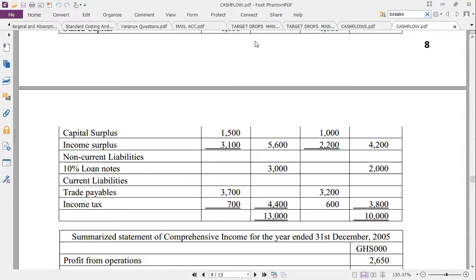Then the third one, look for the alien items, whether there's other income stated there. Any other income that you see in the comprehensive income, you lift it and reverse it in the operating activities among the adjustments.